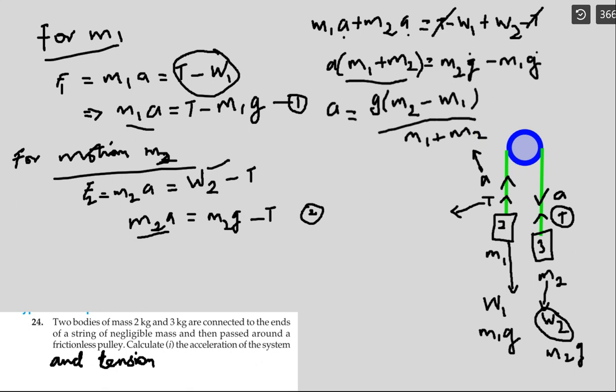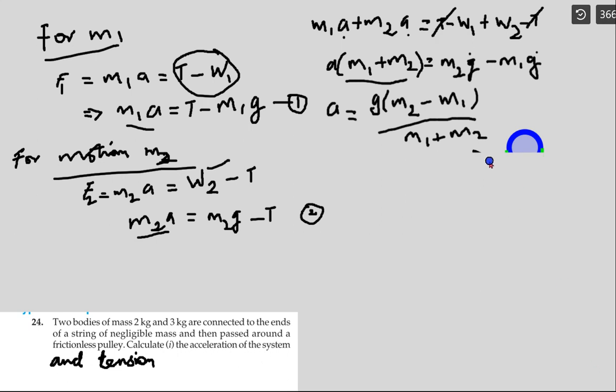So we don't need this diagram. The first question is to find the acceleration, that is A. We put the value: g is 9.8, M2 is 3, M1 is 2, so M2 minus M1 is 1 and 3 plus 2 is 5, because M1 plus M2 is in the denominator.